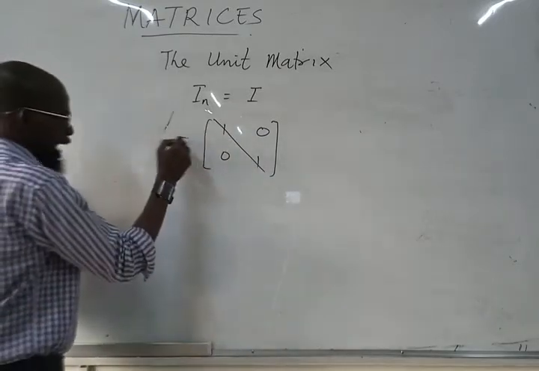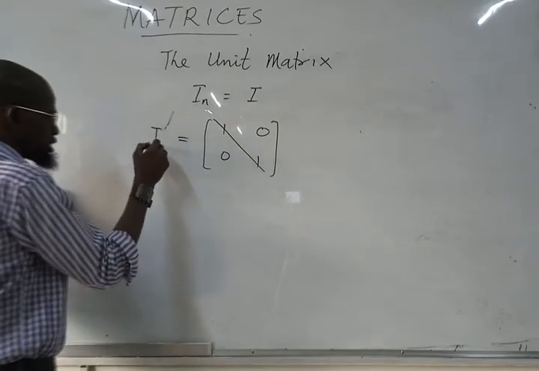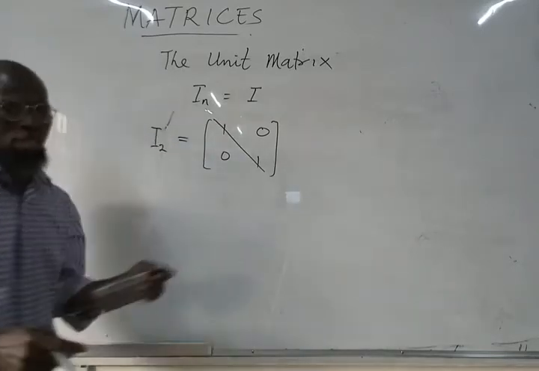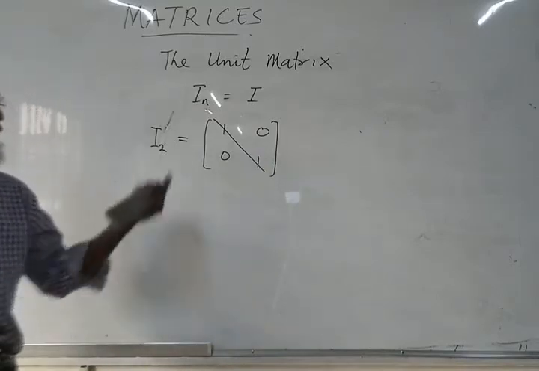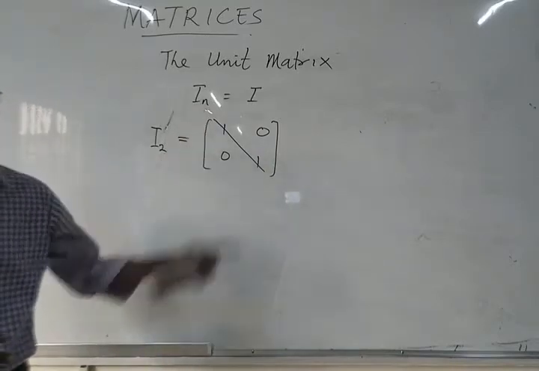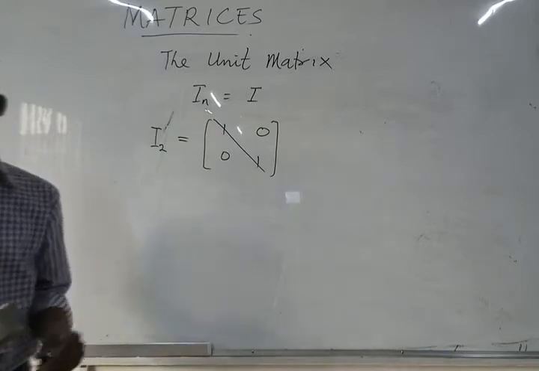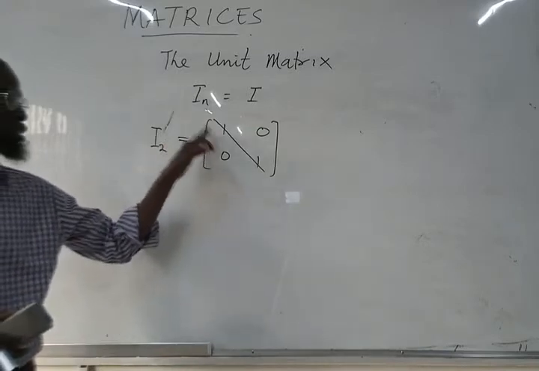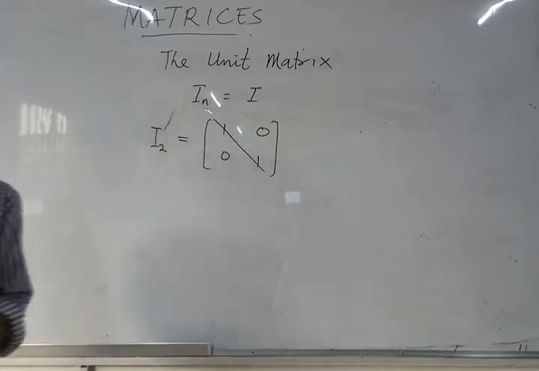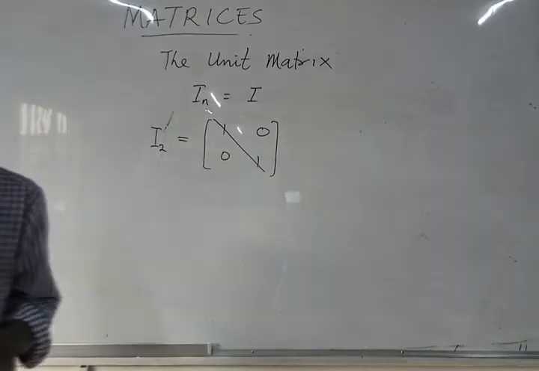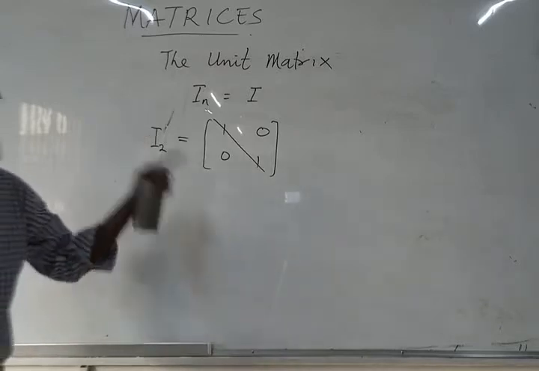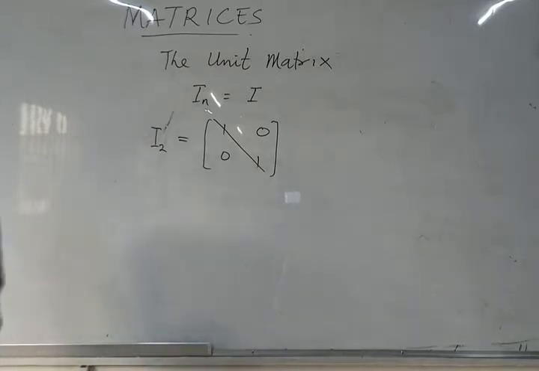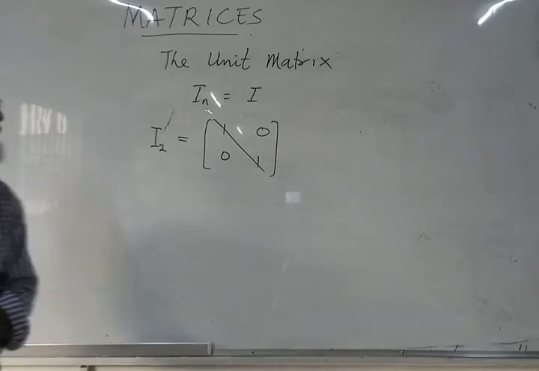So I can rewrite this as I2, because the diagonal contains 2 elements. The diagonal is 1, 1, and the other elements are 0. In this case, we can call this a unit matrix or identity matrix.